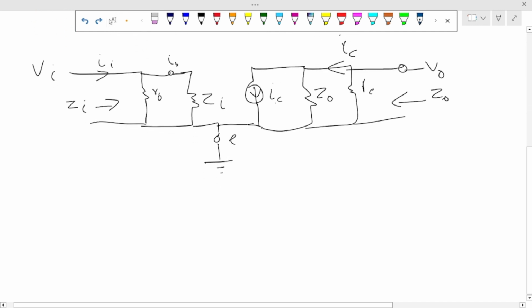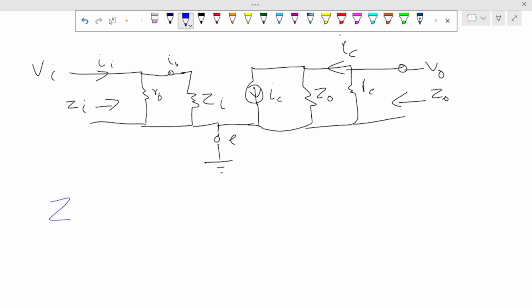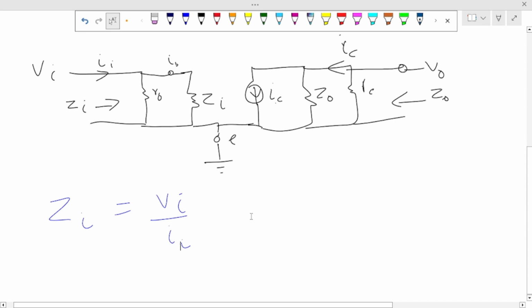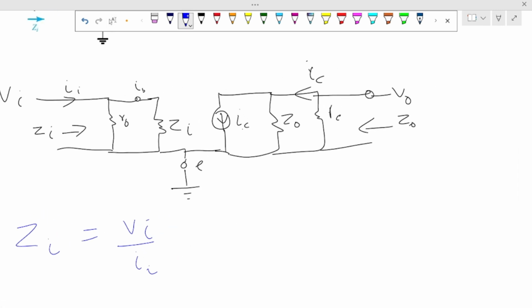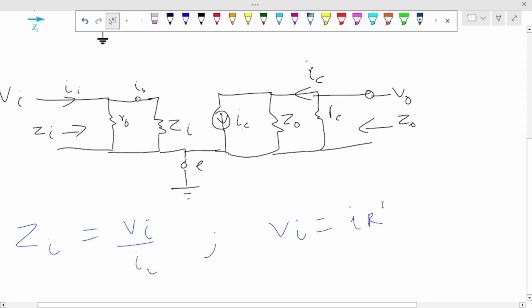Now, our impedance in, Zi, is the same as VI over II. Why? Remember, from Ohm's law, V equals IR, and in this case the R is the impedance.